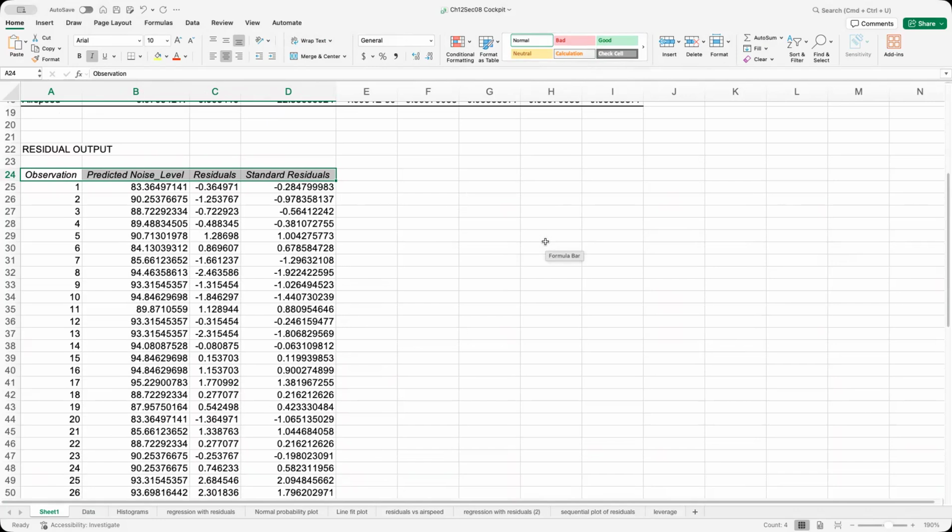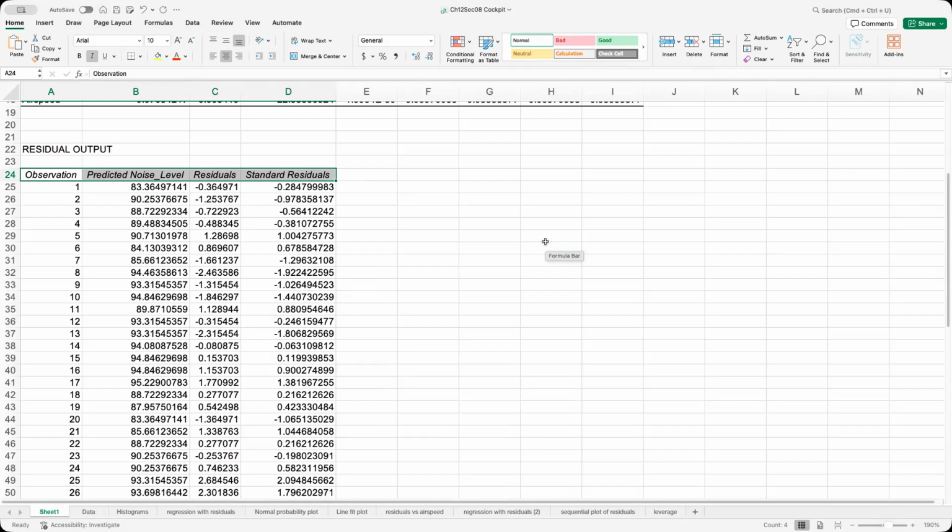My model tells me I should get a noise level of 83.36. But I actually got a noise level of 83. So I take my predicted value and subtract it from the actual value. There's a negative residual. The line is above the dot. But now I can look at all of those residuals.